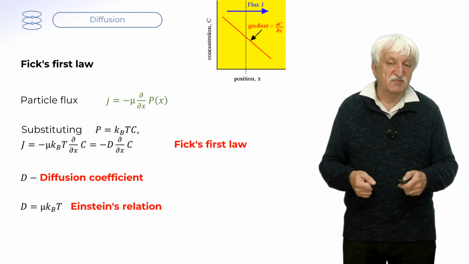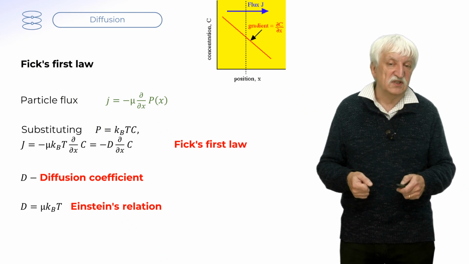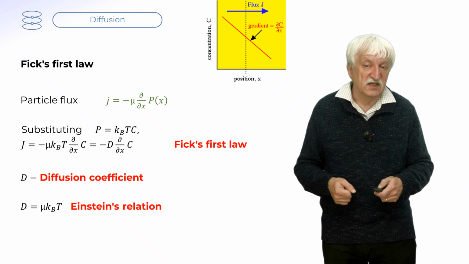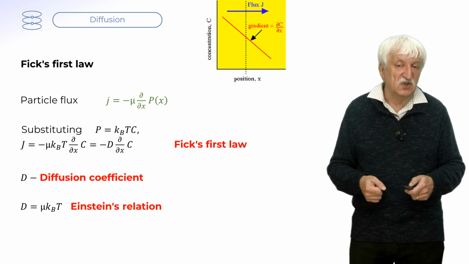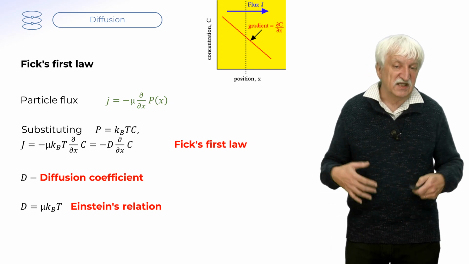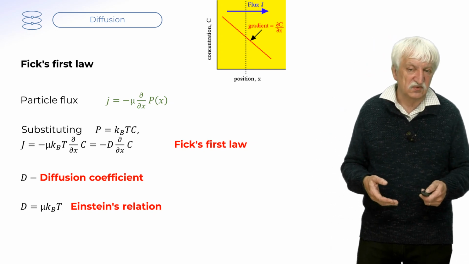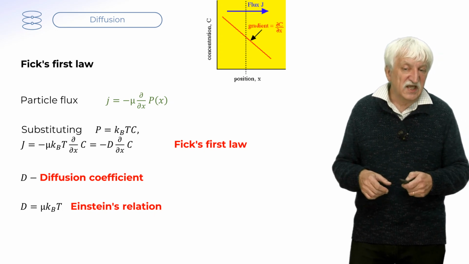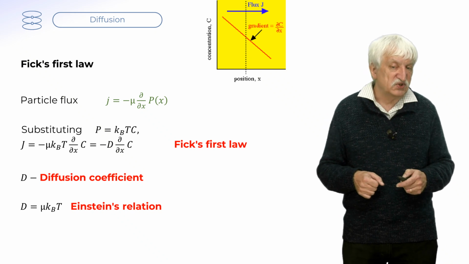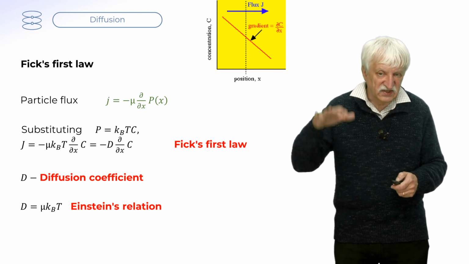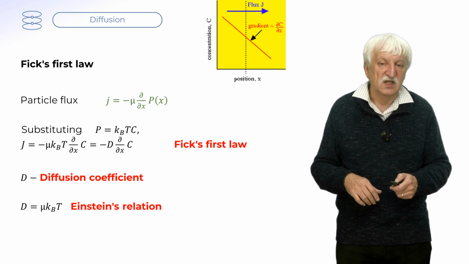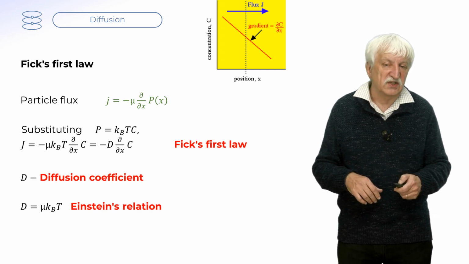This expression for the flux is called Fick's first law, and the expression that we got for the diffusion coefficient is called the Einstein relation. He was the first who derived it. It says that the diffusion coefficient is proportional to the temperature T. So the higher the temperature, the higher the diffusion coefficient and the mobility of the particles mu.